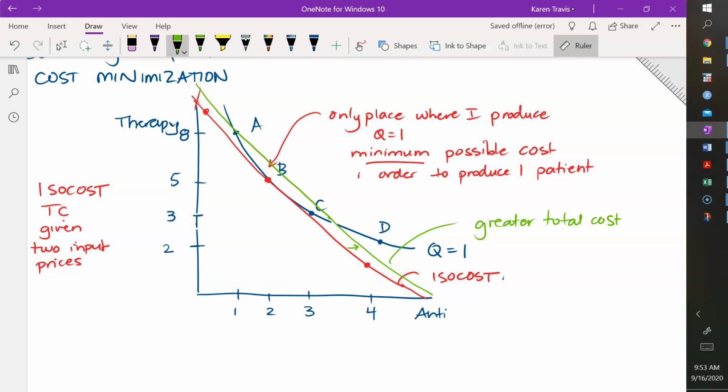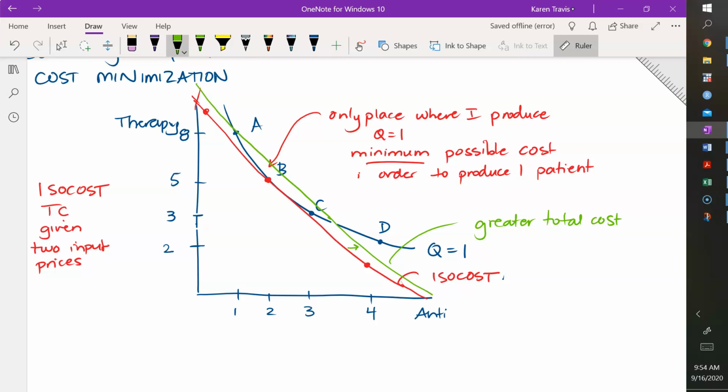So this means that when we're not producing at an allocatively efficient level, we are producing at a technically efficient level at point A. So technical efficiency means we're using all the inputs in a combination that produces an output. So every point on our isoquant is technically efficient because I'm not basically throwing away resources when I'm producing there.